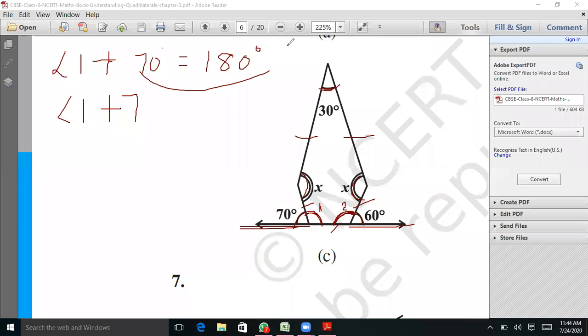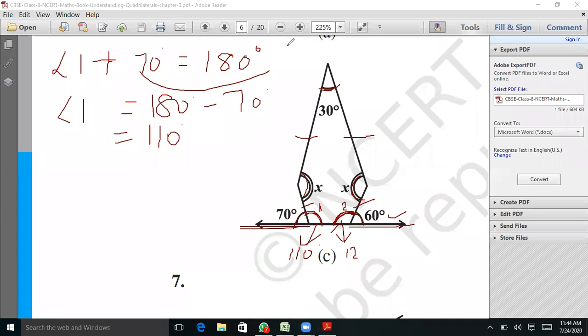So 70 will be subtracted here: 180 minus 70 is equal to 110 degrees. So this angle 1 will be 110 degrees. Similarly, we can find this angle 2 by subtracting 60 from 180. So this angle will be 120 degrees because this also lies on a straight line.